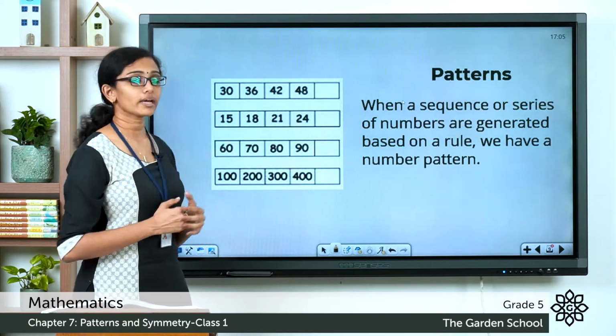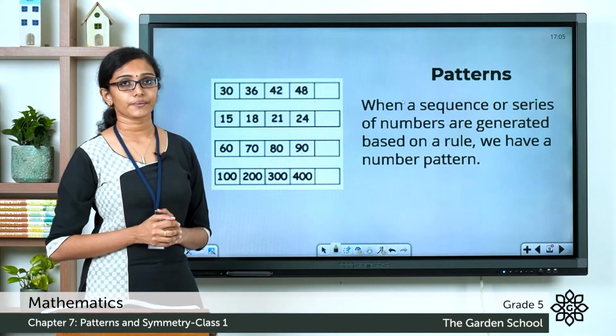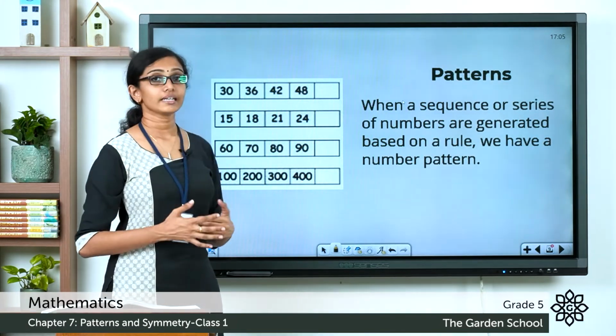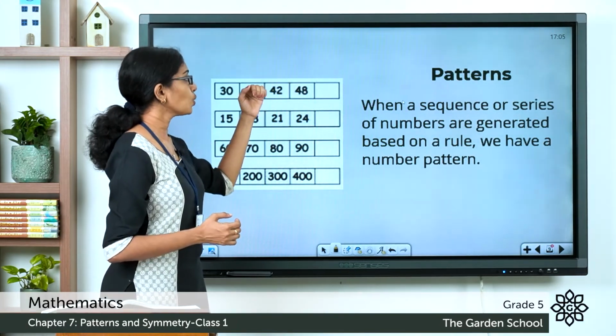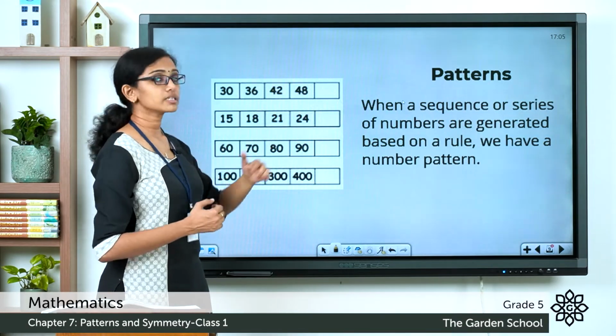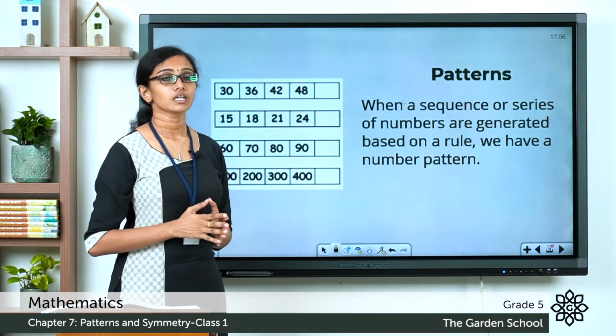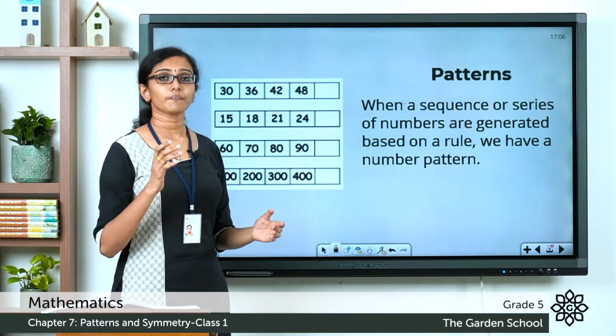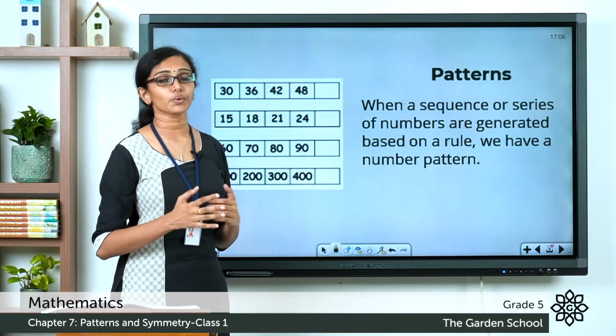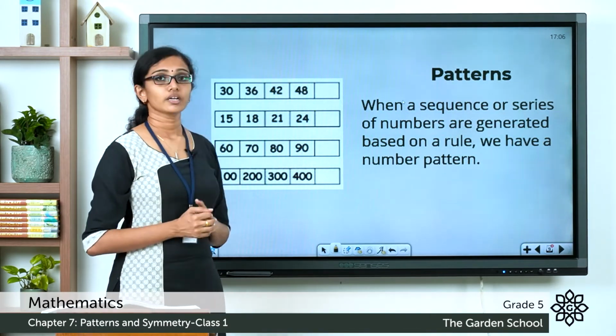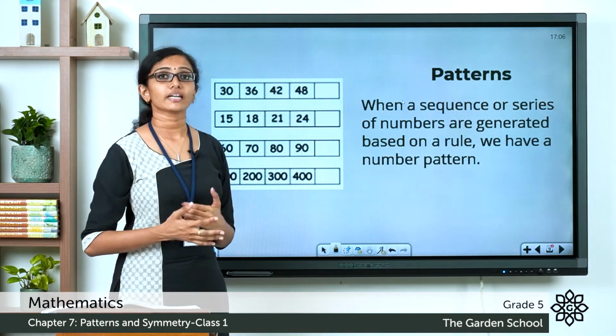Here you can see a few examples of number patterns. The first one: 30, 36, 42, 48. None of the numbers are repeating, but the numbers are generated based on a logic or a rule. Can you identify what that logic is?